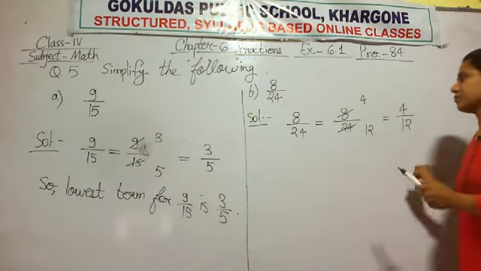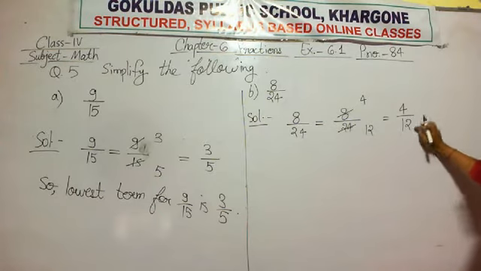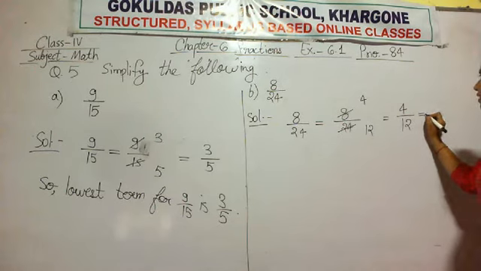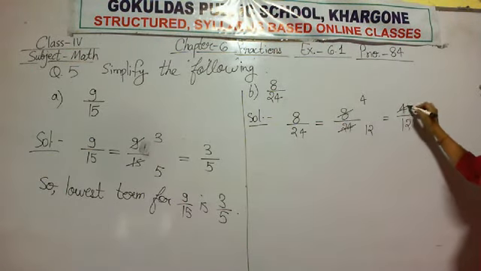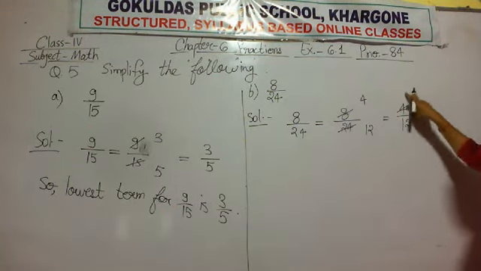Now dividing this 4 by 2, my result will be 2. Here we will write only the quotient.